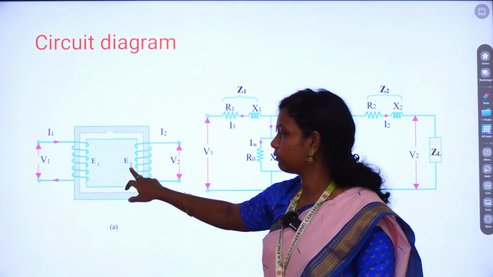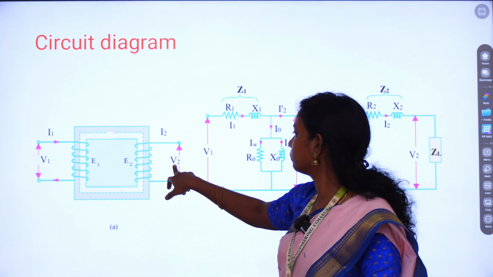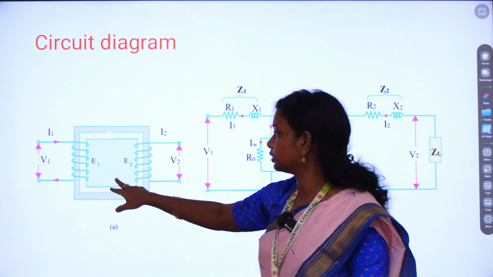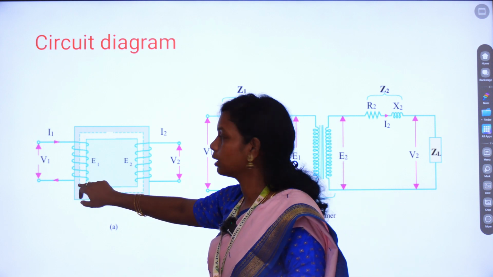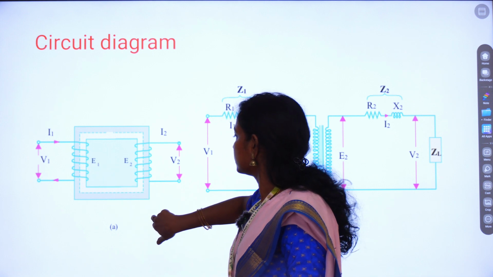And in the secondary side we will be mentioning E2, secondary current and voltage. These are the terms. Other than that, we will be mentioning the flux linkage. This is the line which is known as the flux linkage. It is right.